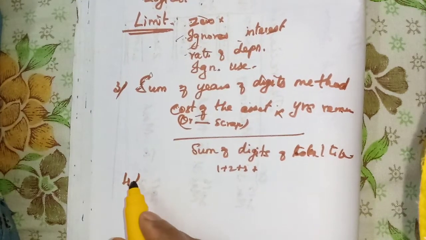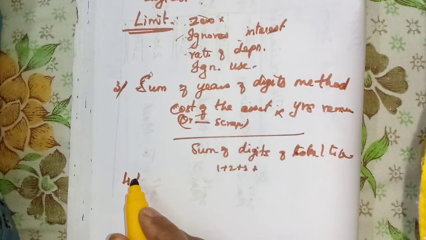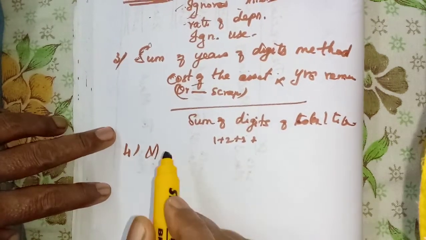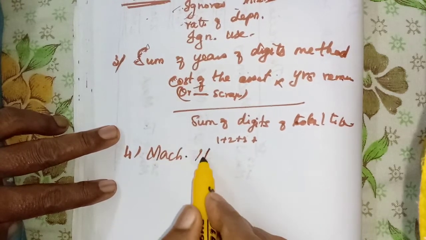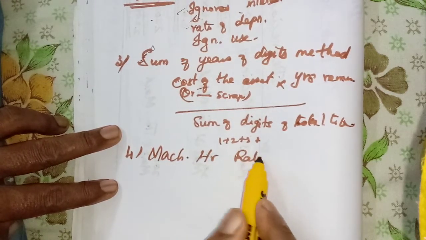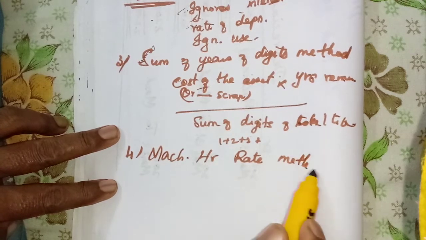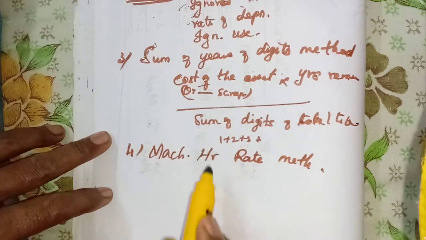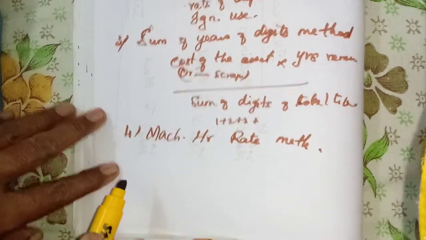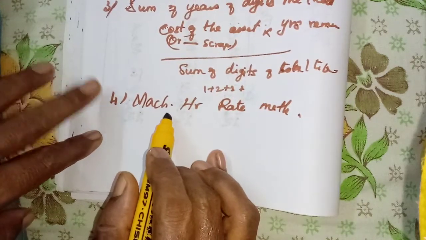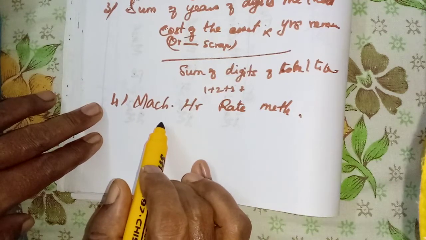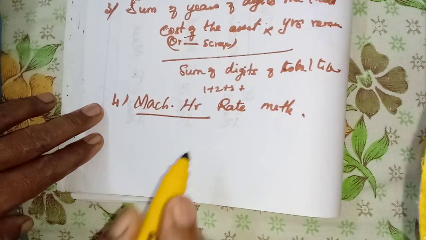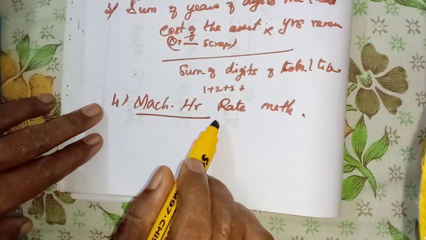The next method, machine hour rate method. Here we are not calculating the amount of depreciation for 1 year. They will calculate depreciation for one machine hour. Okay, for one machine hour, what is the depreciation?